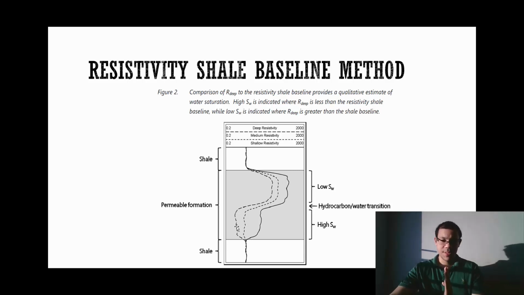If your deep is reading to the left, there might be a lot of water over there. There might not be hydrocarbons. So this is the good thing, and this is the bad thing. That, in short.